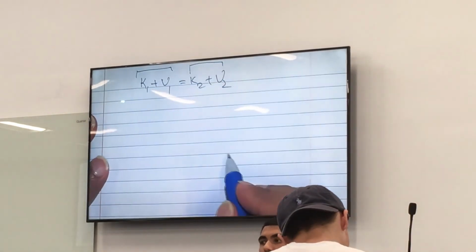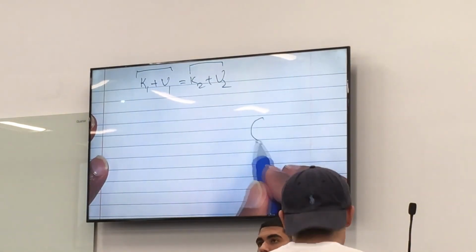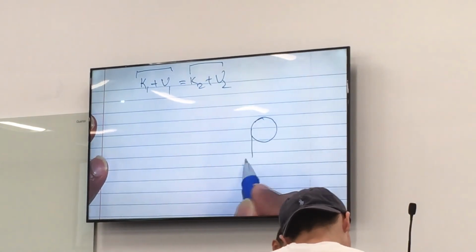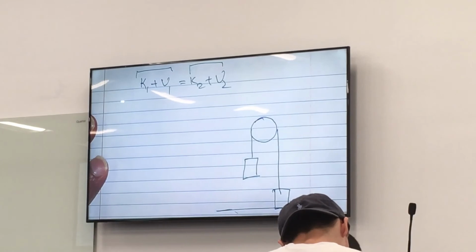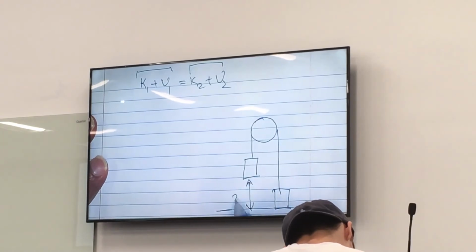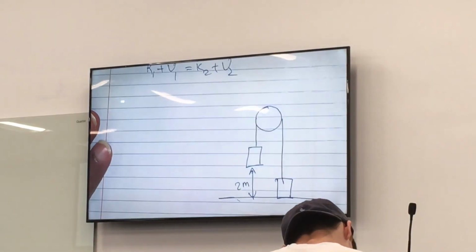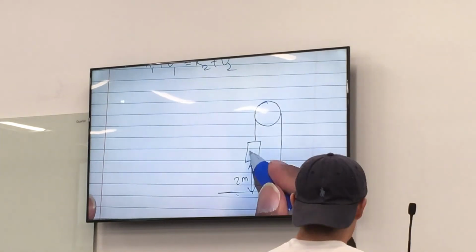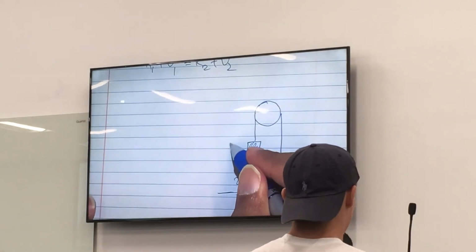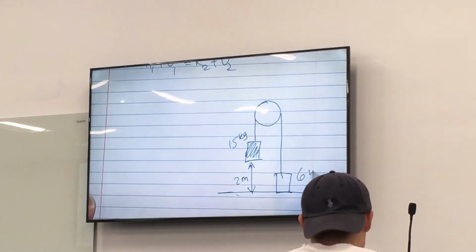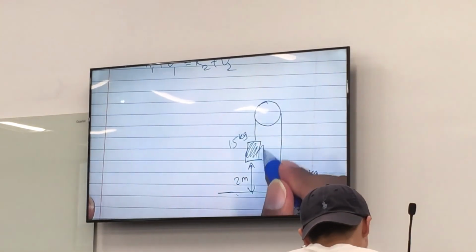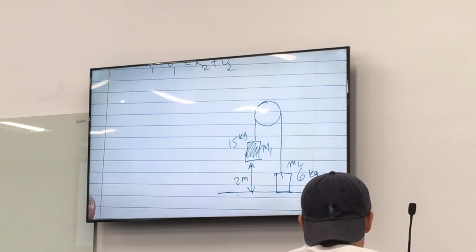So let's suppose we have a pulley, and this is from chapter 7. You will see that there is a problem just like this. Let's say this is 15 kilograms, and this is 6 kilograms. So this is M1 and this is M2.